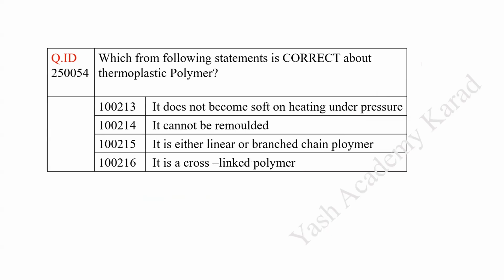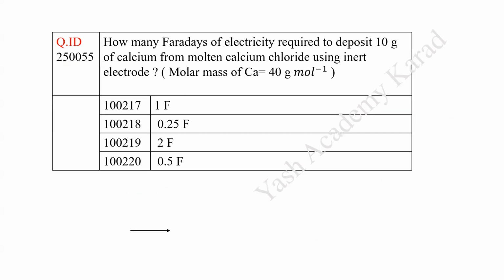Which from the following statements is correct about thermoplastic polymer? So you have to use the correct sentence and it is either linear or branched chain polymer. How many Faradays of electricity are required to deposit 10 gram of calcium from molten calcium chloride using inert electrode?